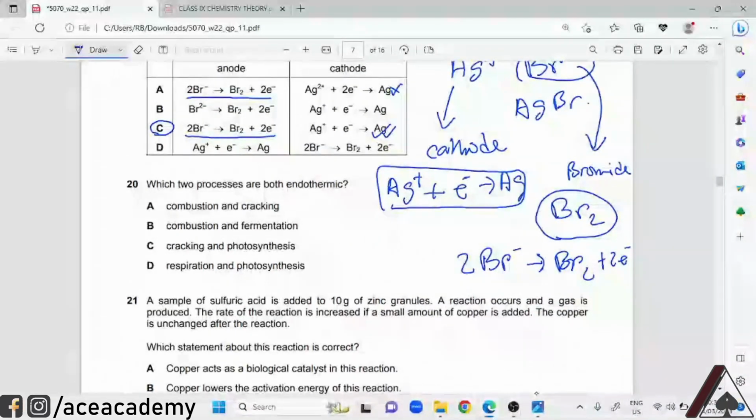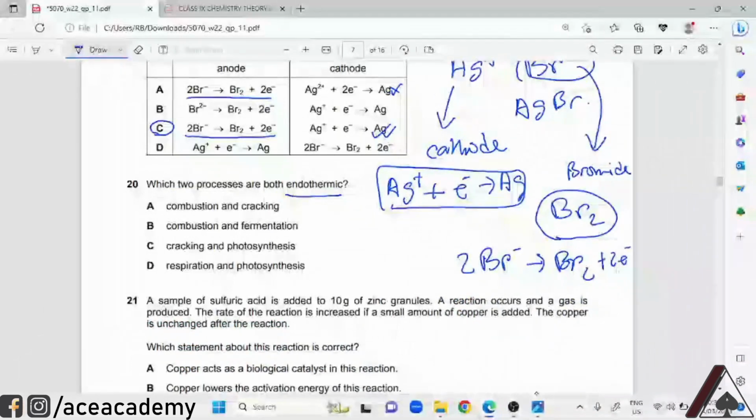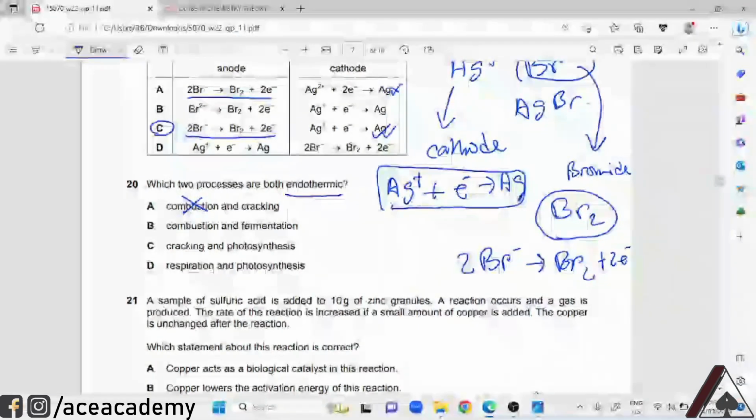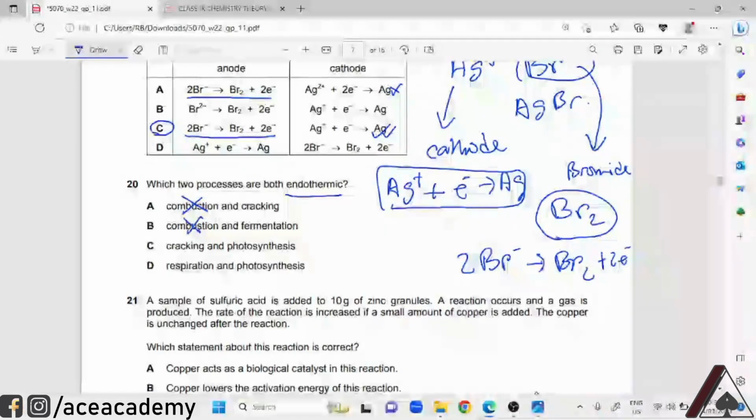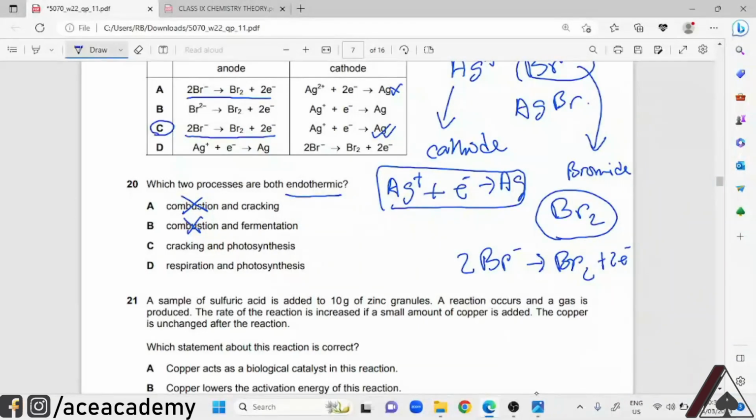Which two processes are both endothermic? Combustion is not endothermic, it is an exothermic process, because combustion releases a huge amount of heat energy, as it is always used as fuels. Once again, combustion is not the answer. And we have cracking and photosynthesis over here, which can be one of our answers.